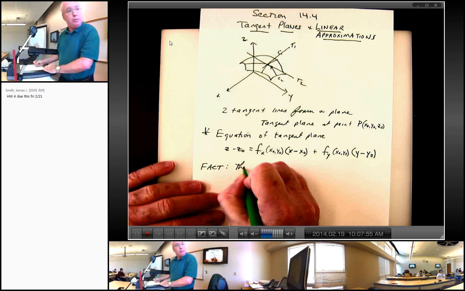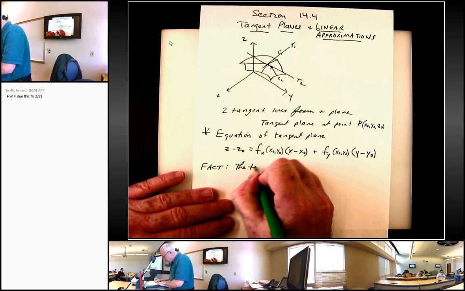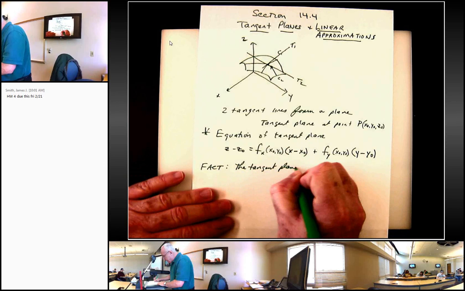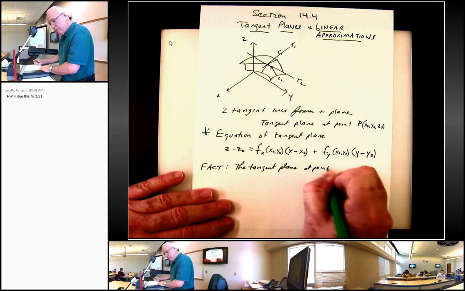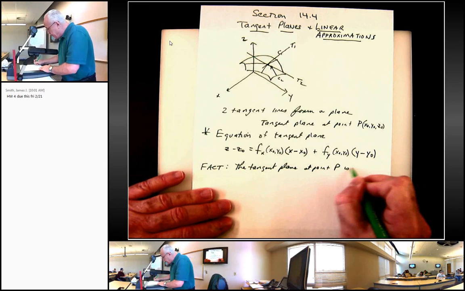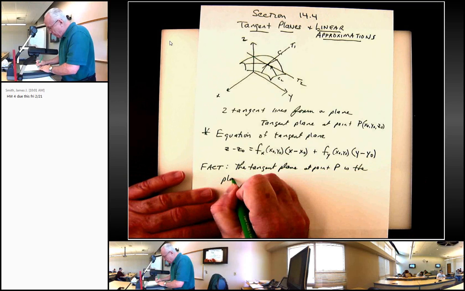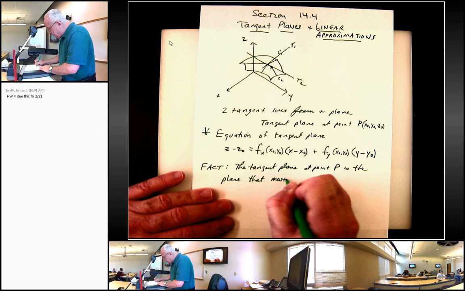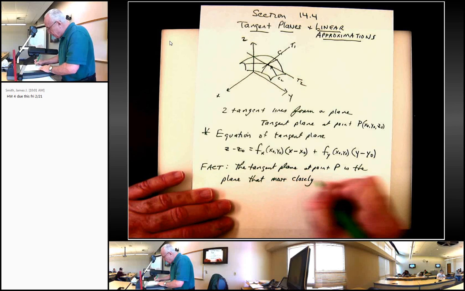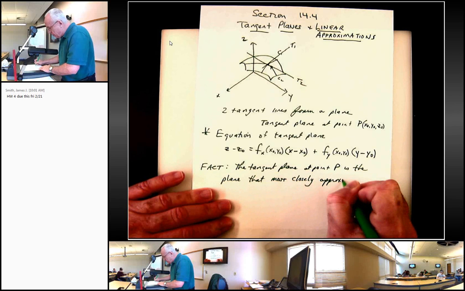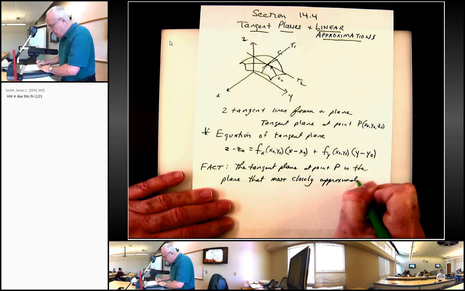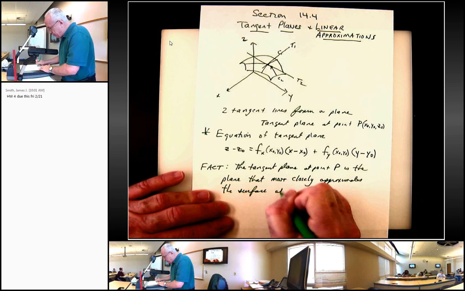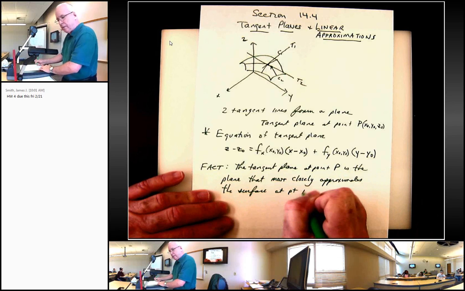The tangent plane at some point P is the plane that most closely approximates the surface at that point P. Okay.